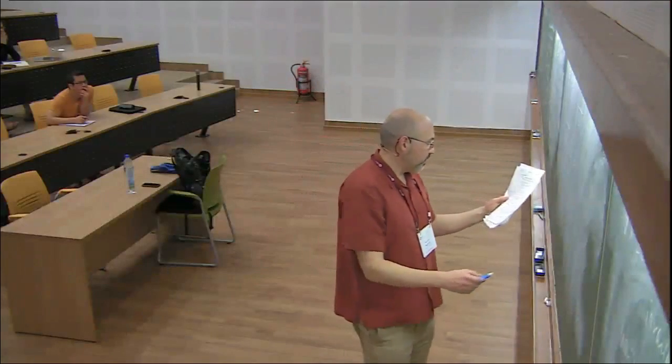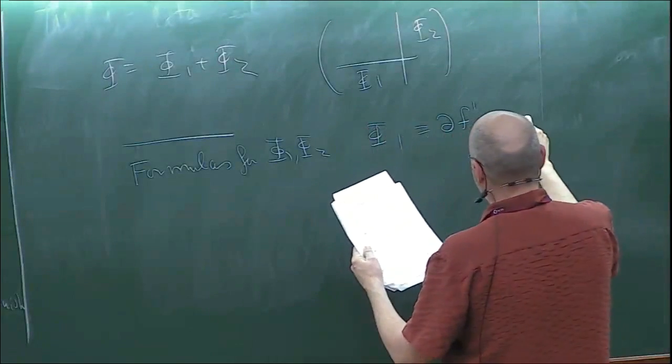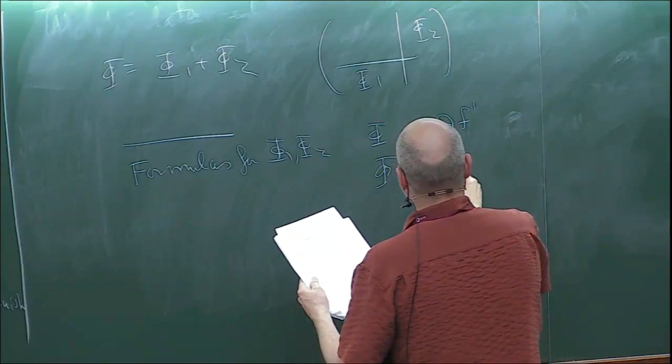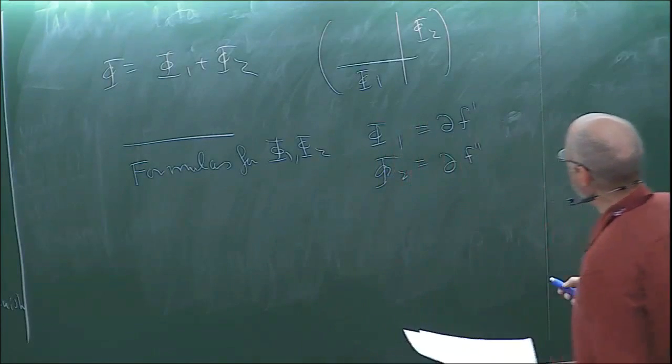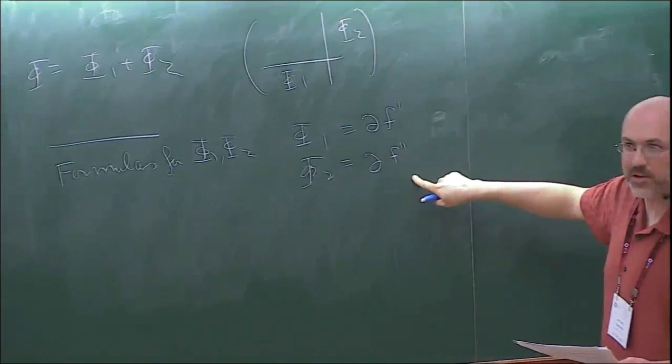Okay. So the formula for phi1 and phi2: phi1 is going to be del of f prime, and phi2 is going to be del of f double prime. And so these primes and these dels correspond to the different complex structures.